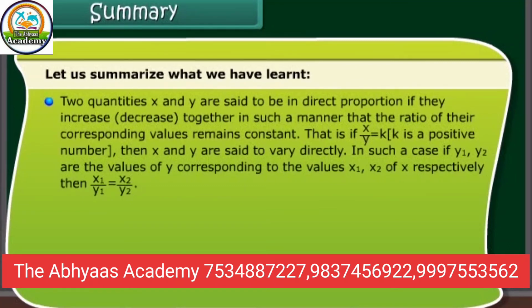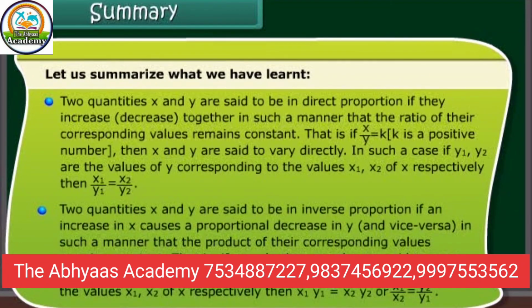Two quantities x and y are said to be in inverse proportion if an increase in x causes a proportional decrease in y, and vice versa, in such a manner that the product of their corresponding values remains constant. That is, if xy is equal to k, then x and y are said to vary inversely.